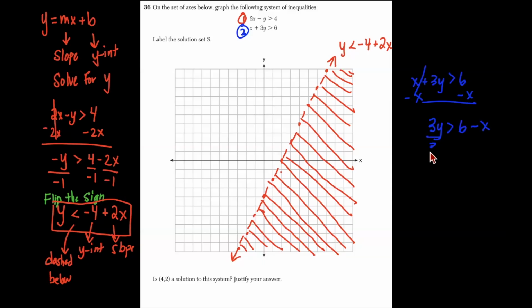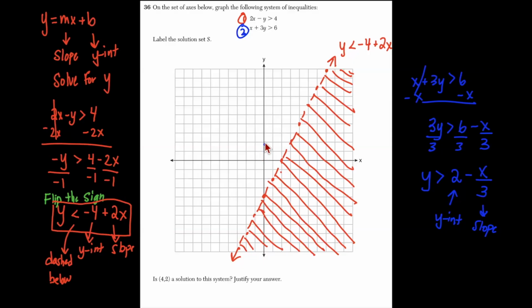My last step is to divide both sides by 3, and I get y is greater than 2 minus x over 3. Now, this here is my y-intercept, and this here is my slope. Notice that I did not flip the inequality sign like in the last example, because I divided by a positive, not a negative, right?